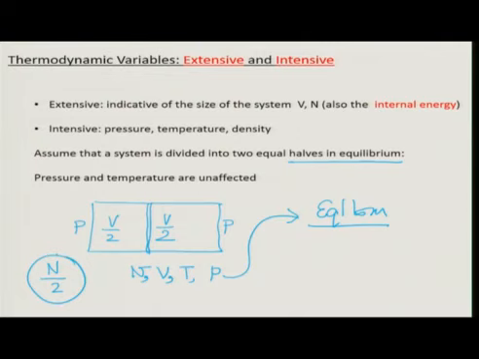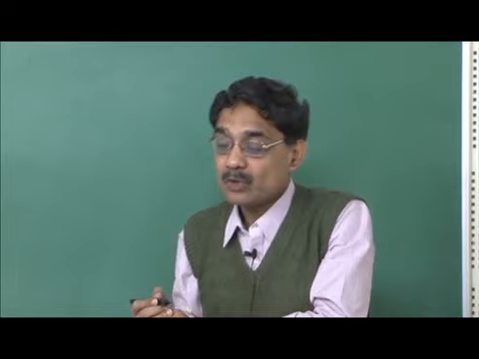So, you see that there are some quantities which become half of their initial value, there are some quantities which are not at all influenced or affected by this division of the system into two halves. Okay.